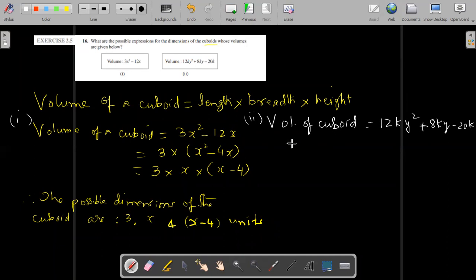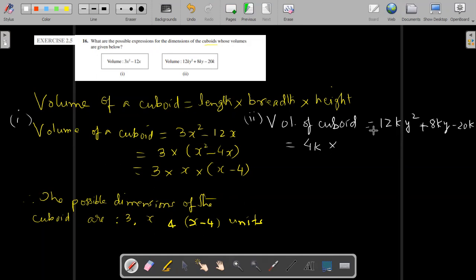Okay. So first we will take the common term from all the terms. Common is 4 only, and k is also common. But first we will take them one by one to get the factors. We can take 4k common here, and after that we will see. Otherwise we will write in two parts, 4 into k.